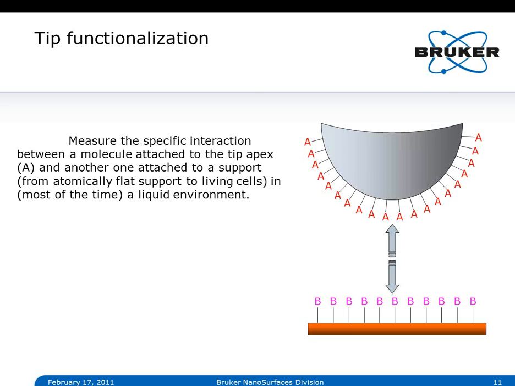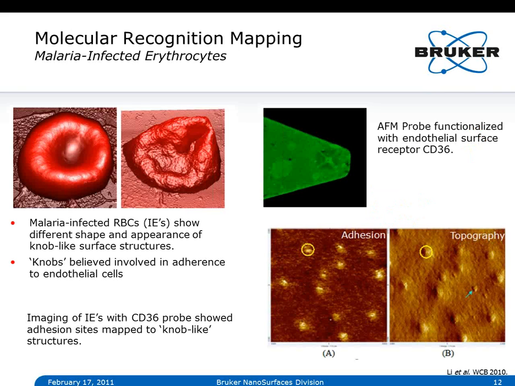If you modify these tips, then suddenly you can go ahead and do things like molecular recognition mapping. I'm taking a step ahead here because I show data not based on single force curves, but I extend it by using our new QNM mode to go into mapping right away.